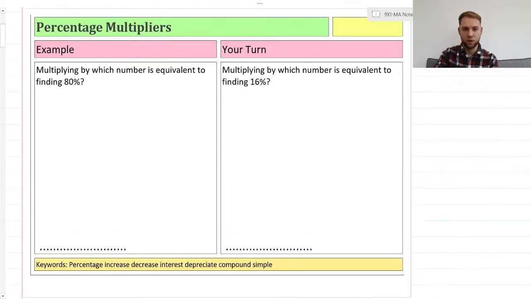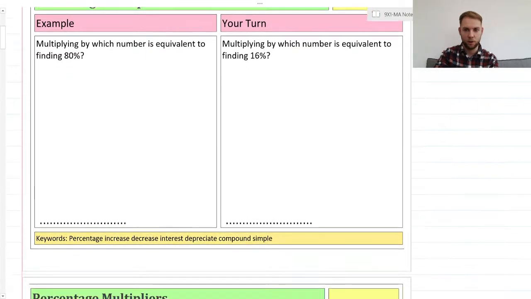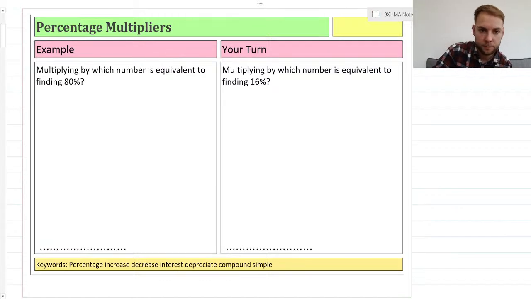Okay, then we're going to have a go at these two questions here. This one here is example 1. We'll do both of these. So multiplying by which number is equivalent to finding 80%?